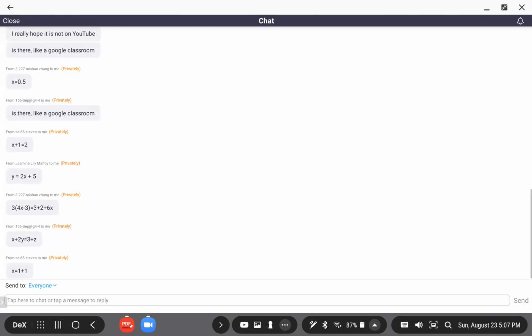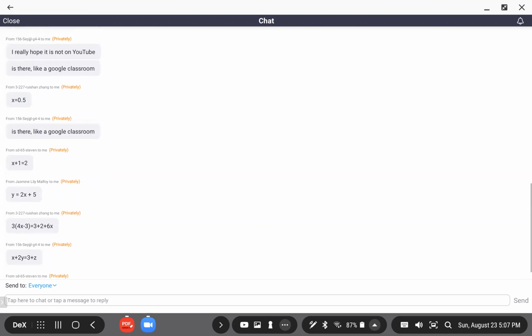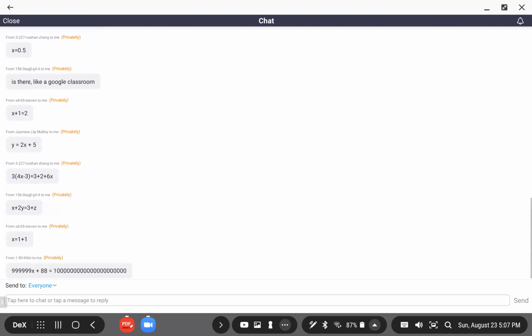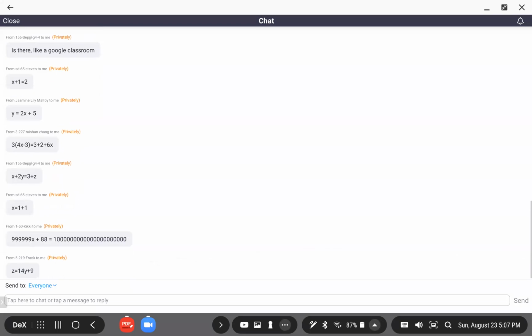Then Rui Shen says 3 times the quantity of 4x minus 3 equals 3 plus 2 plus 6x. And then the next one, how do I pronounce your name? Okay. Someone, let's just say someone came up with x plus 2y equals 3 plus z. I don't want to offend anyone by saying their name wrong.